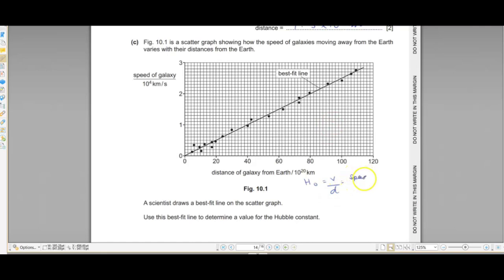So V is the speed of galaxies moving away from Earth. And D is the distance of galaxies from the Earth.